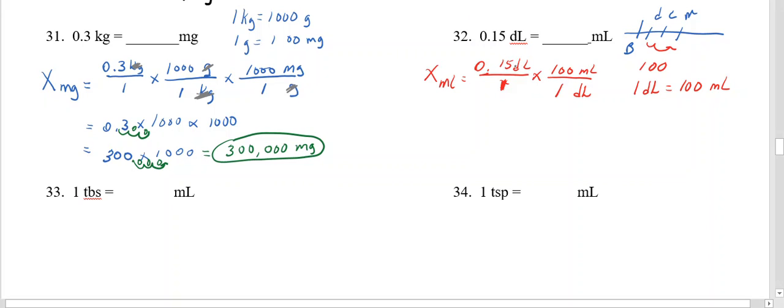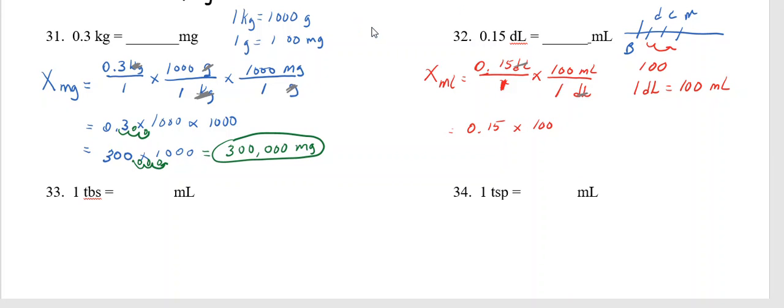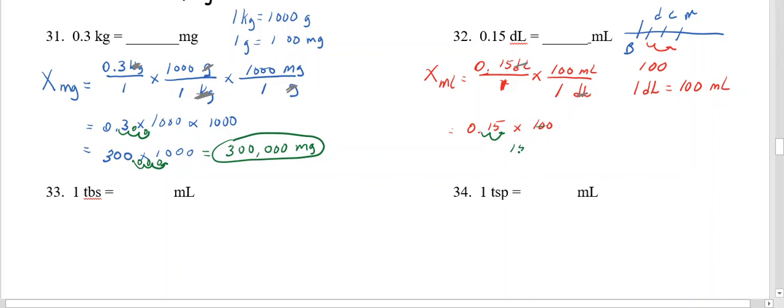I'm going to cancel my units of measure, and then I'm going to multiply 0.15 times 100. So then I have to move my decimal point 2 places to the right. 1, 2. And so that was 15 milliliters. So 15 hundredths of a deciliter equals 15 milliliters.